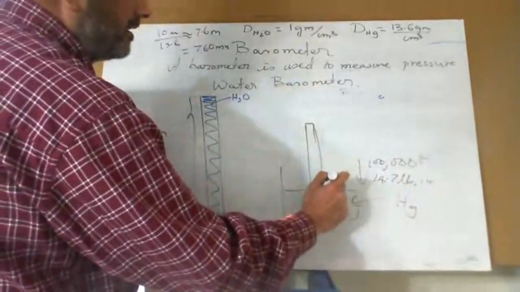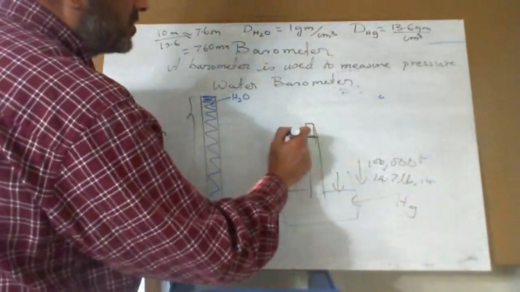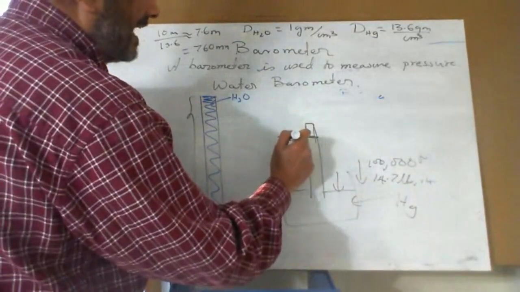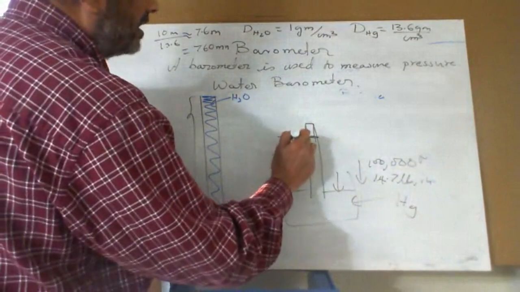Okay. The mercury barometer will be at a height of 760 millimeters.